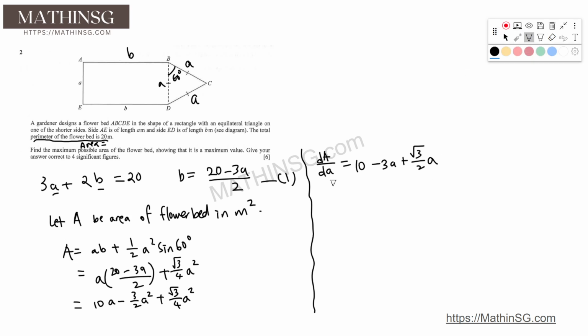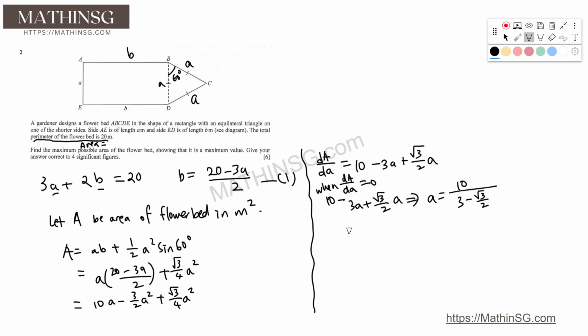Once I have differentiated it, I need to let dA/da equal to 0. So a is equal to 10 over 3 minus root 3 over 2.